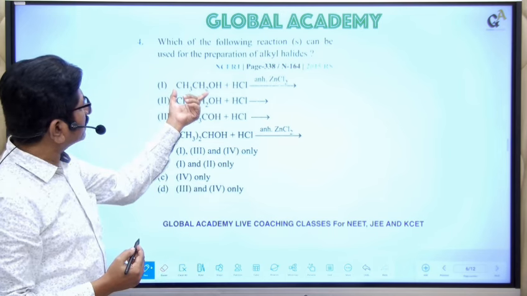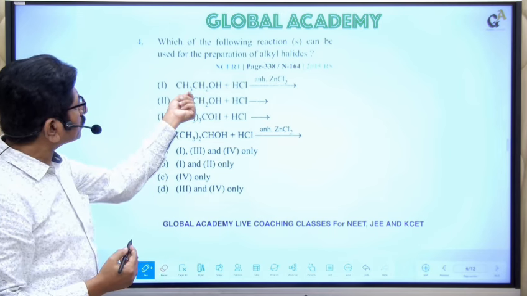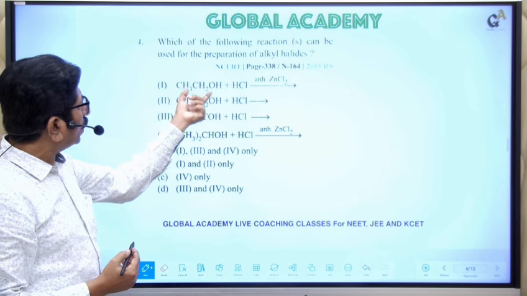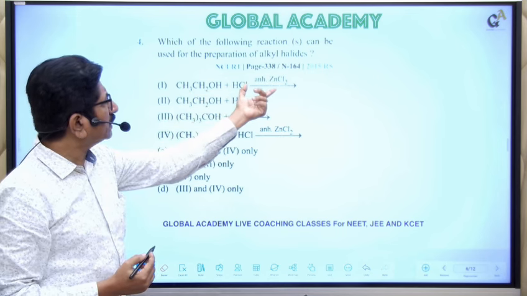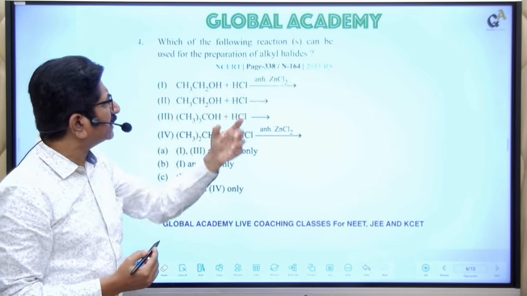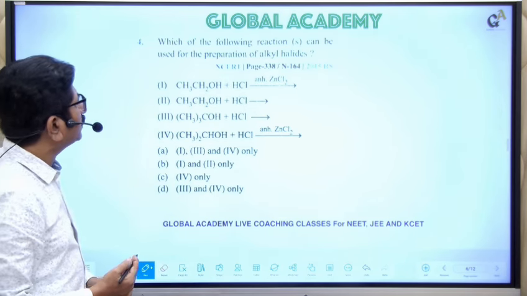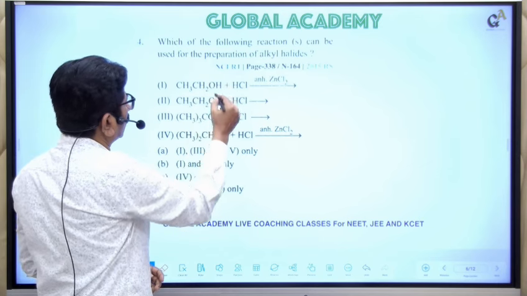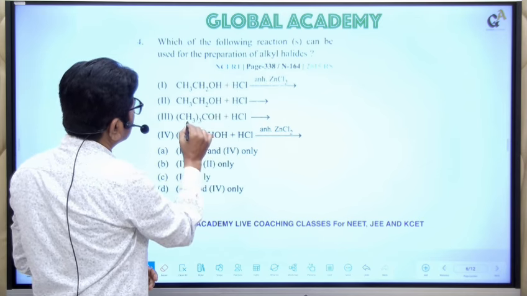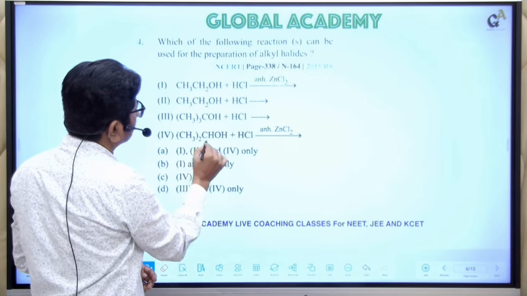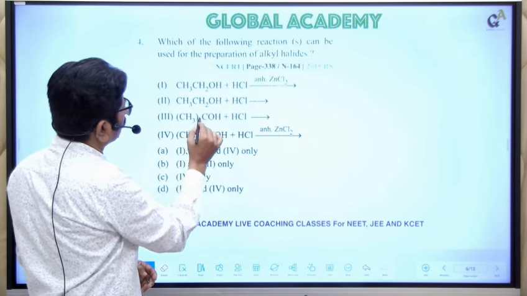First one, you can see ethyl alcohol in the presence of HCl and anhydrous zinc chloride. Now this is a primary alcohol, this is the tertiary alcohol, and the third one is a secondary alcohol.